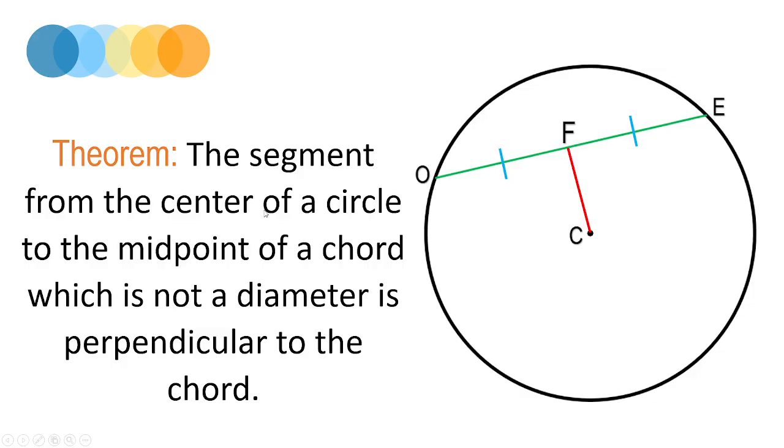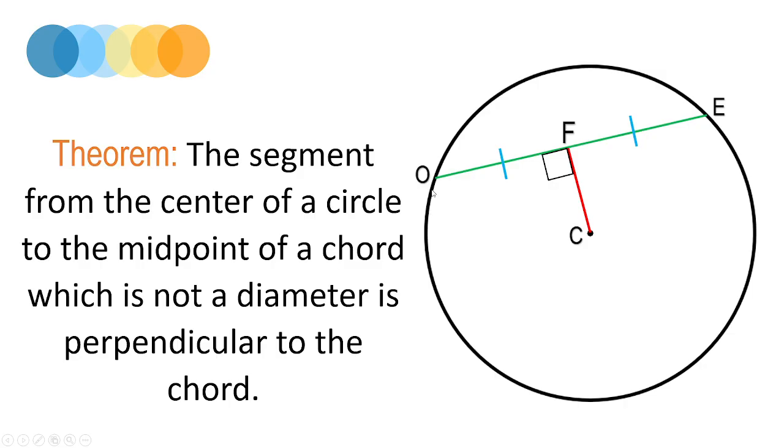According to this theorem, the segment from the center of a circle to the midpoint of a chord, which is OE, and make sure that the chord is not a diameter, of course, is perpendicular to the chord. It's somewhat like the converse of the first theorem that we just talked about in this video. And that's just it.